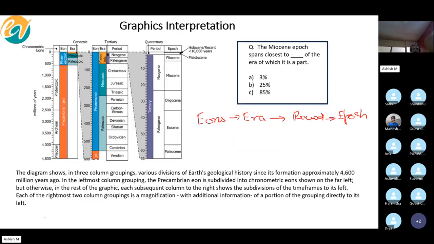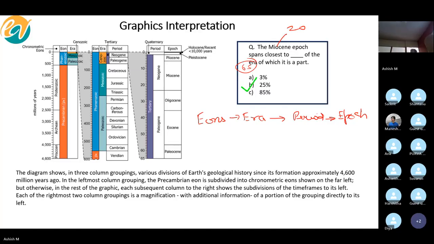So guys, the bottom line is Miocene is 20 million, correct? And it is a part of Cenozoic era, and Cenozoic era itself is 65 million. So 20 is what part of or what percentage of 65? 20.